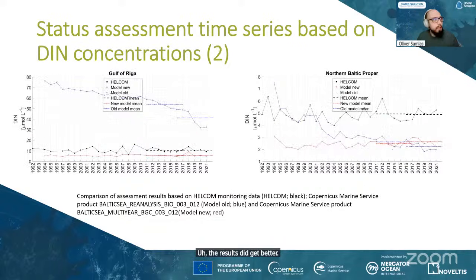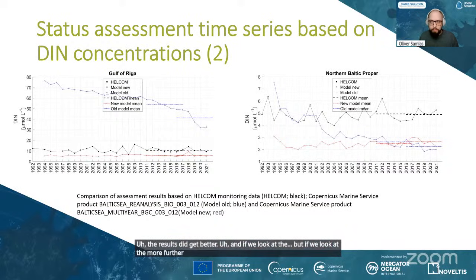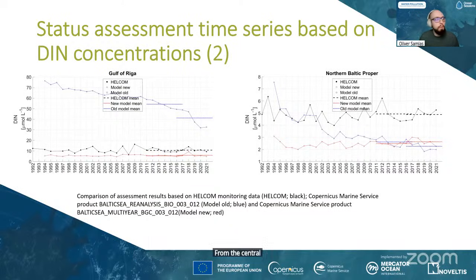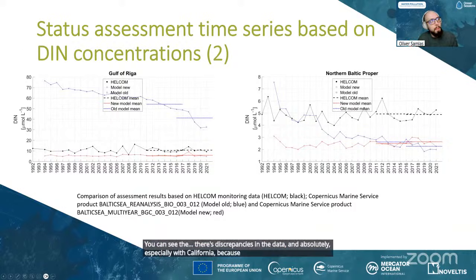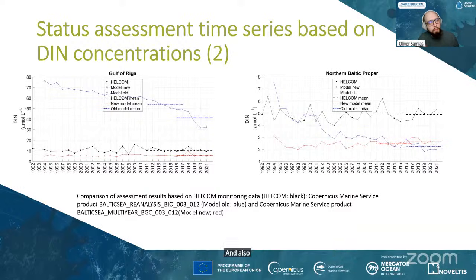And if we look at the more further away you move from the central basins to the east and north, you can see there's discrepancies in the data, and absolutely, especially with Gulf of Riga, because it's a shallow basin, and also it's cut off from the main water with shallow sills, so it's also harder for the model to work with.